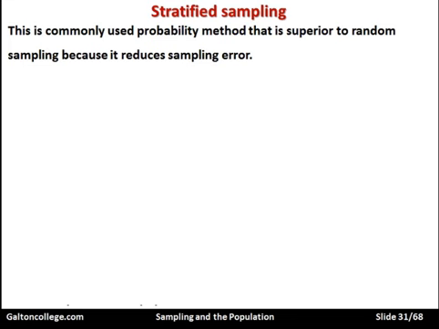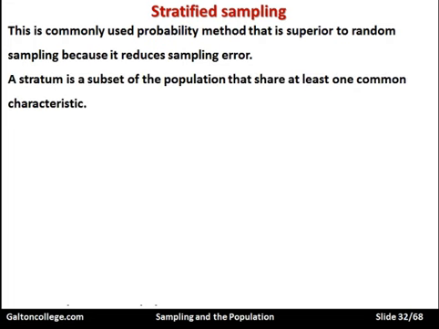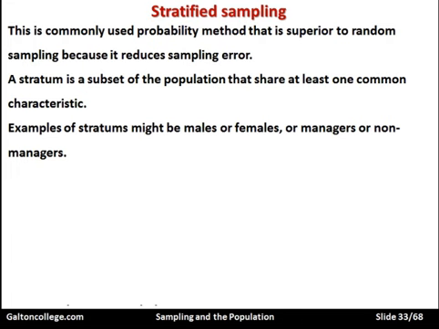This is a commonly used probability method that is superior to random sampling because it reduces sampling error. It actually reduces the sampling error, so it's a very good technique to use. A stratum is a subset of the population that share at least one common characteristic. Examples of strata might be males or females, or managers or non-managers.